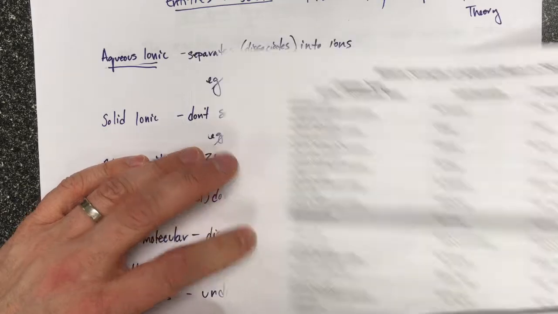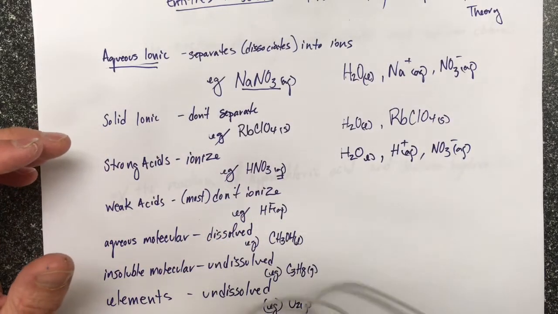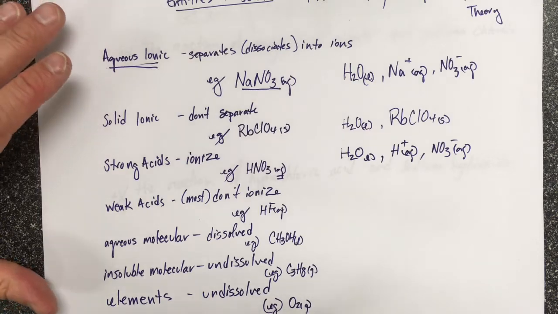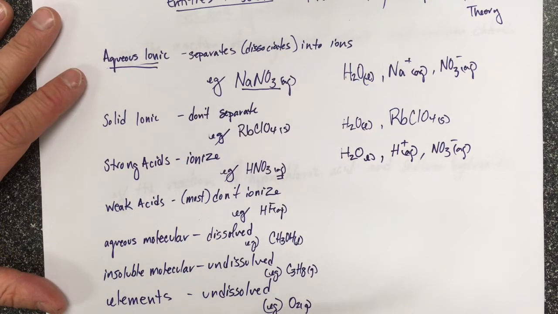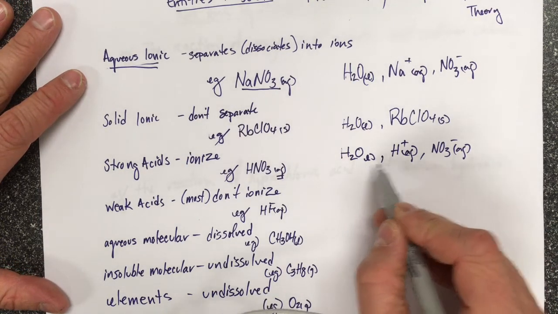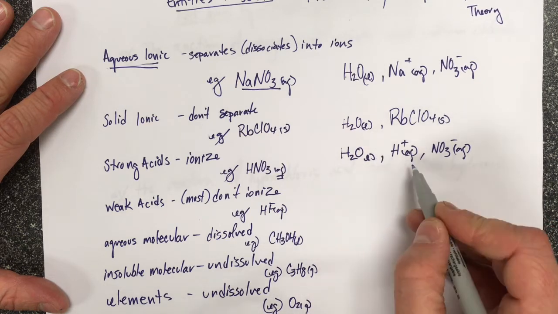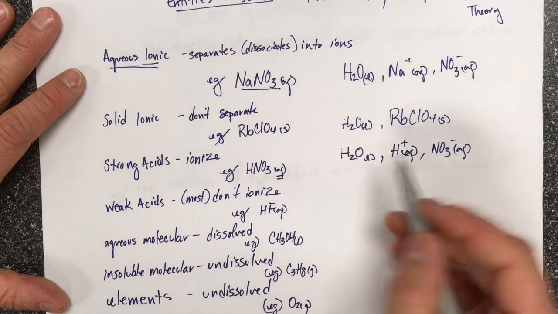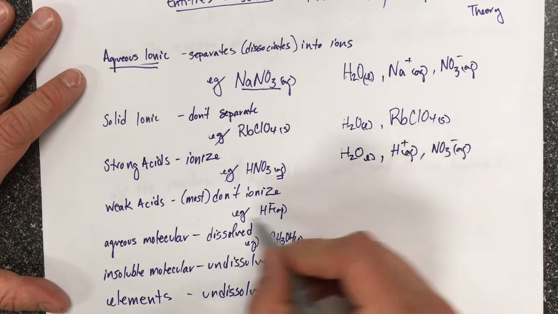In Chem 20, we'll usually tell you if they're strong, or maybe expect you to recognize that hydrochloric acid and nitric acid and sulfuric acid are strong acids. But they ionize, so they break into their ions. This will be a strongly electrolytic solution. It's going to conduct electricity. Water is present and the 2 ions.